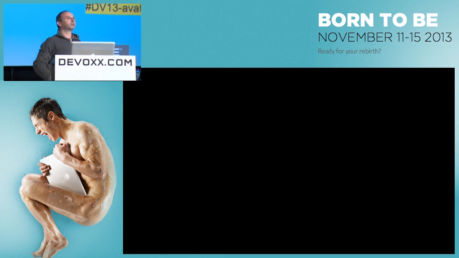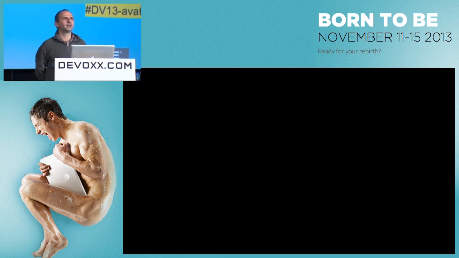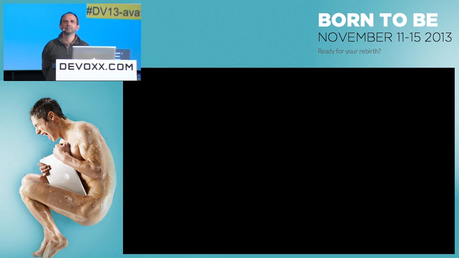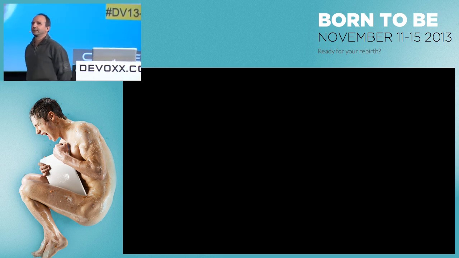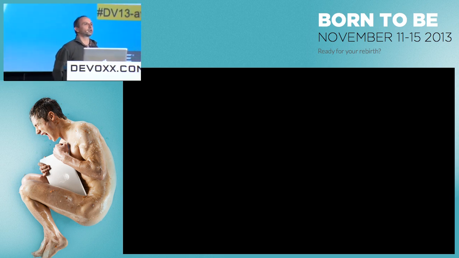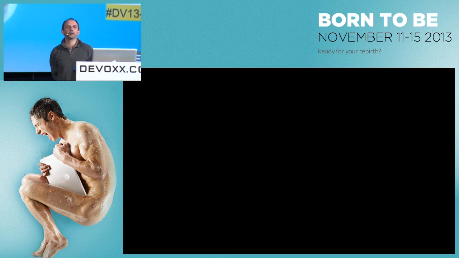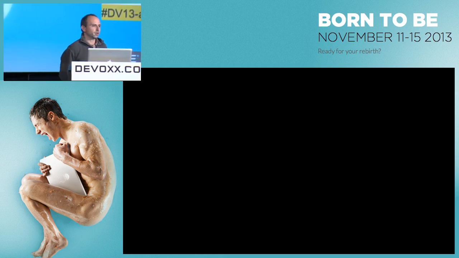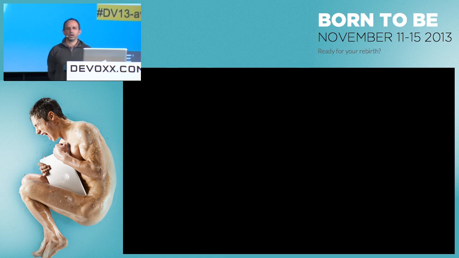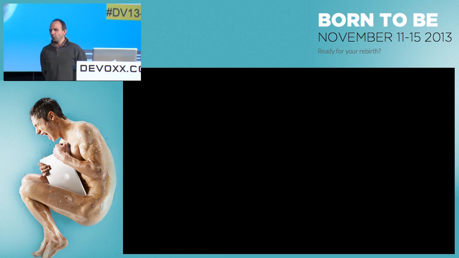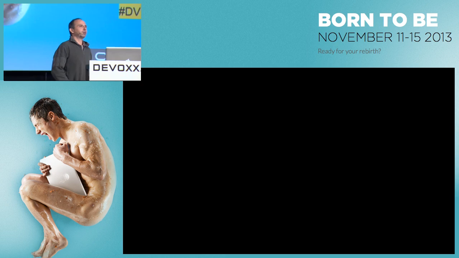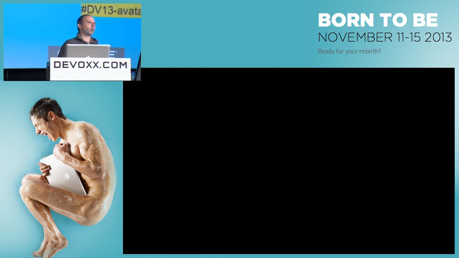How would you say the performance compares with native Node.js or a single-threaded application? Okay, that's a very good question. So in terms of performance, how do we compare with Node? First, we are not competing on performance because this is not our key point.